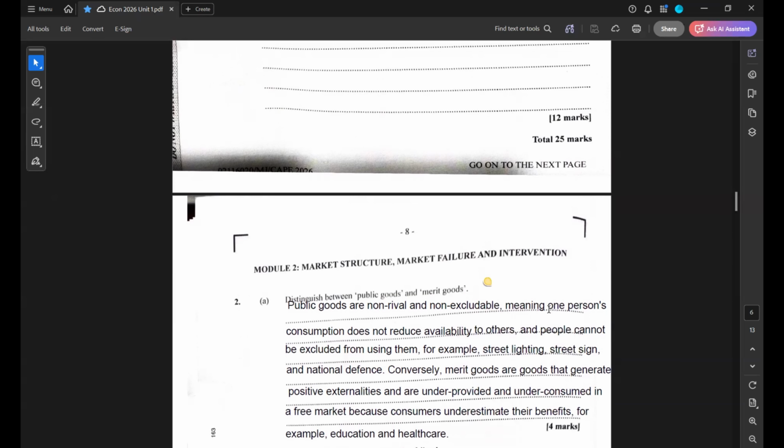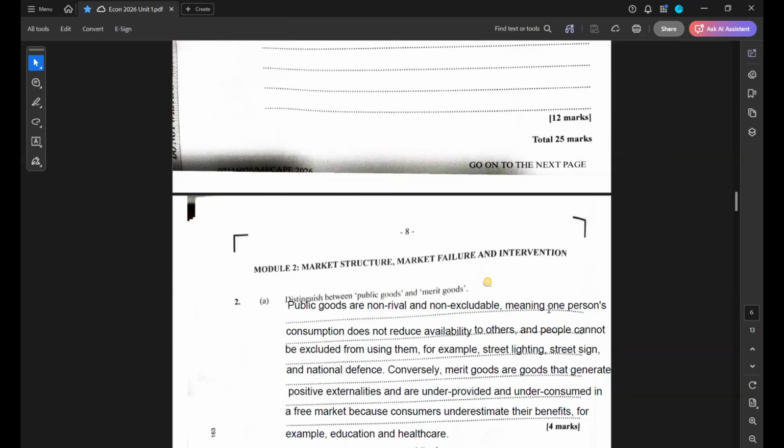Public goods are non-rival and non-excludable, meaning one person's consumption does not reduce availability to others, and people cannot be excluded from using them. For example, street lighting, street signs, and national defense. You can think about the police force.